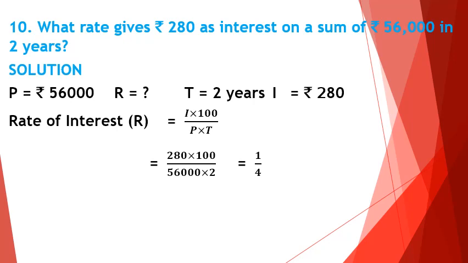So the total is 1 into 1 upon 2 into 2, that is 1 upon 4. Rate of interest is given, so it should be in percentage. So we have 1 by 4 percentage, that is 0.25 percentage is the rate of interest.